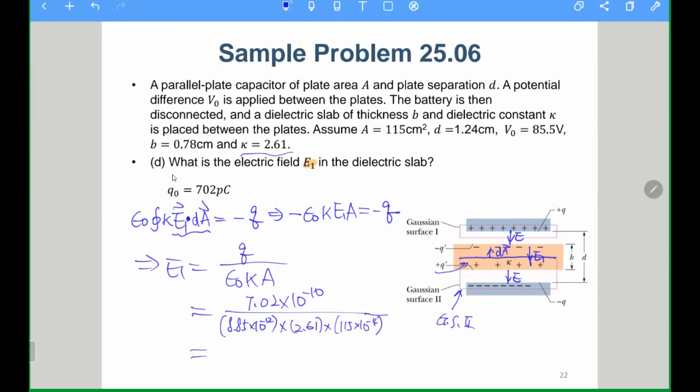So this number will be 2640 volts per meter. Of course, it is smaller than the E itself, because we have a dielectric. It cancels some of the E field, so the E field will be weaker there.